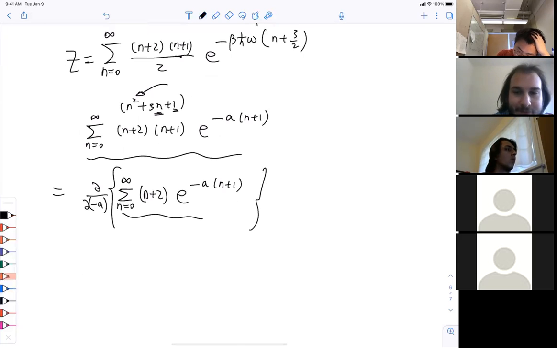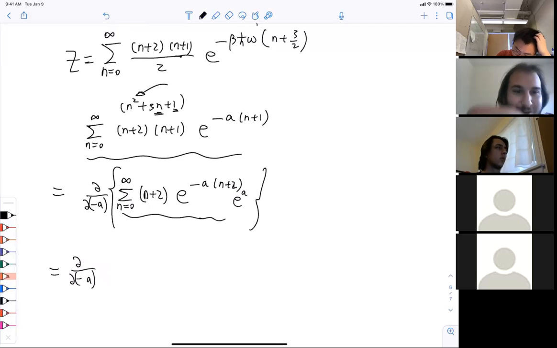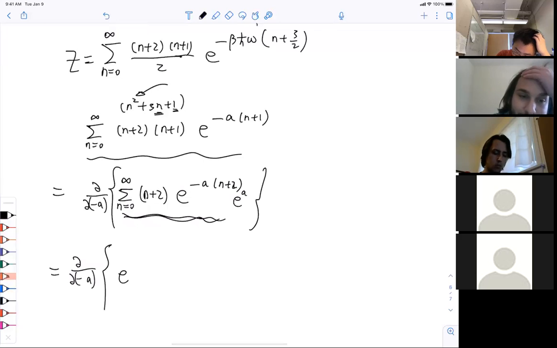So what's this guy? First we do a trick. I change this 1 to 2. Then I need to multiply by exponential A, right? So I put this exponential A in here, and it becomes the partial derivative of n plus 2.